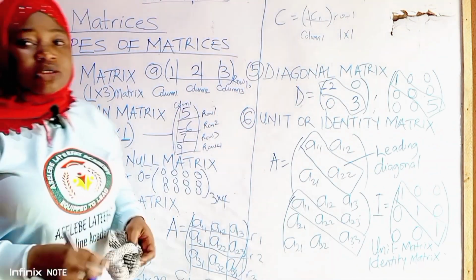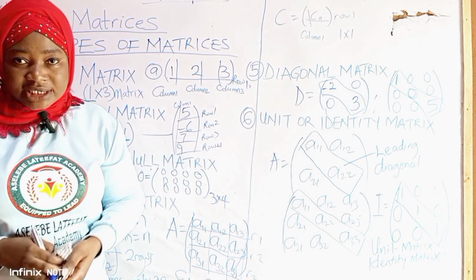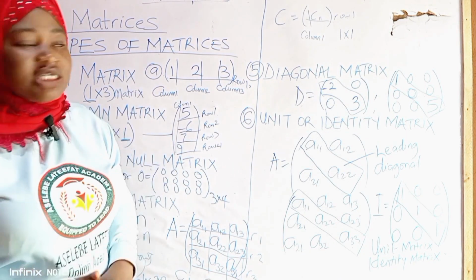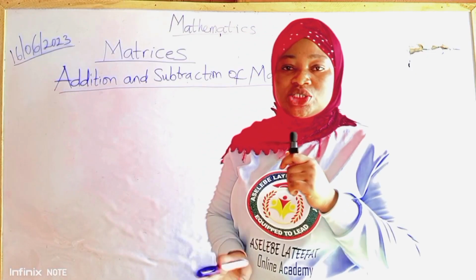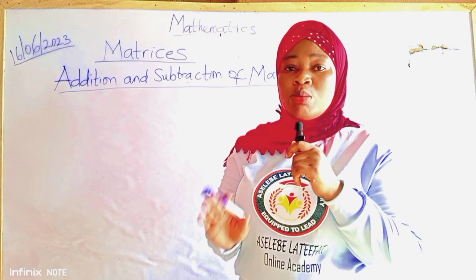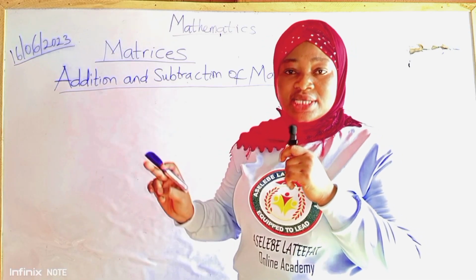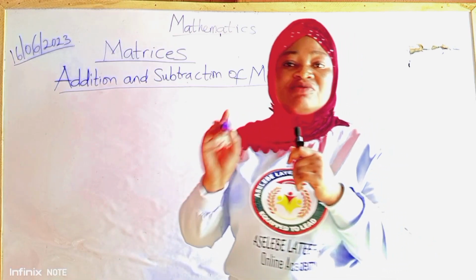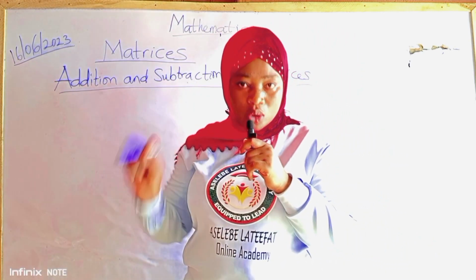Now, basic operations of matrices. We are going to treat addition and subtraction of matrices first. If you want to perform addition or subtraction of matrices, be it 2 matrices, 3 matrices, or 4 matrices, all those matrices have to be of the same order.